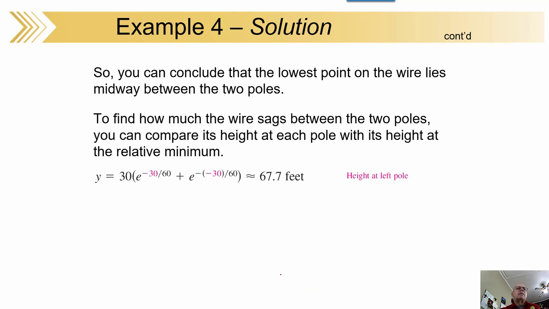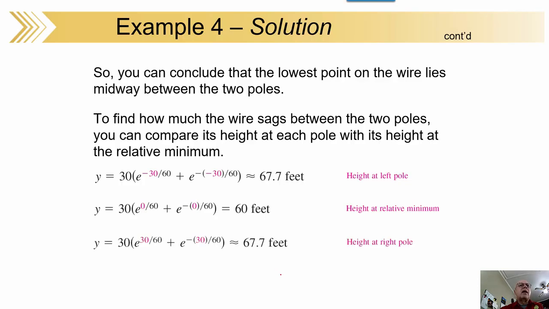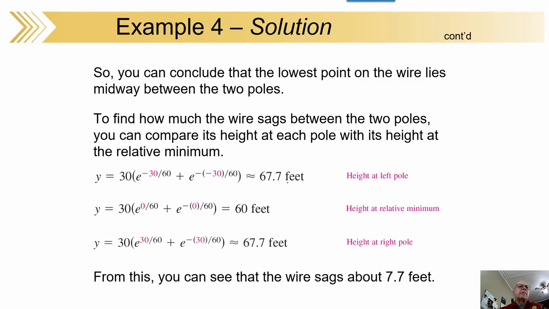There's the height of the wire at the left pole, the height in the middle, and the height at the right pole. You can see it's sagged. If you look at the middle one, it's 7.7 feet less than the height at either of the other poles. There's your sag.